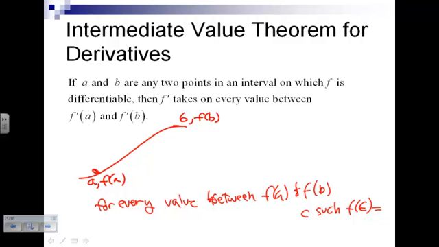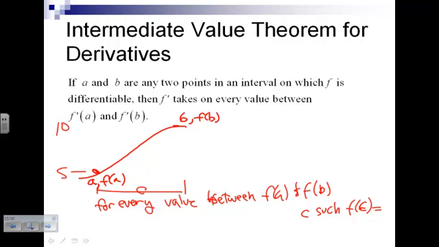So if this is 5 and this is 10, you ask, does this function ever give a 7? I'm guaranteed that there's at least one place where the function gives a 7. And that c is in that interval from a to b.